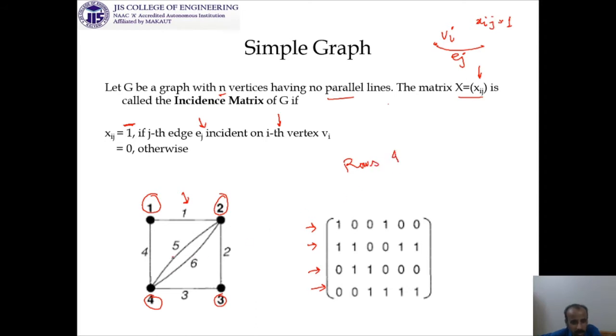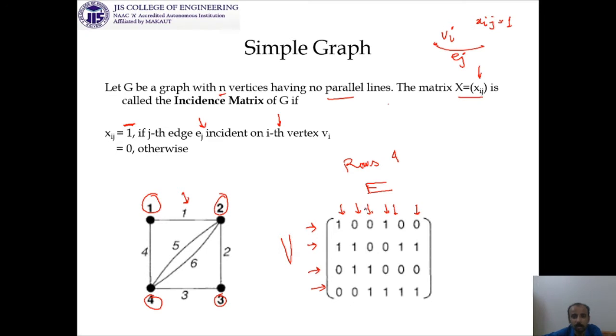And how many vertices? 4 vertices are there. So it indicates that vertices will be representing the rows. How many edges? 1, 2, 3, 4, 5, 6. And how many columns are you getting in this matrix? So it indicates that edges will be representing the columns.